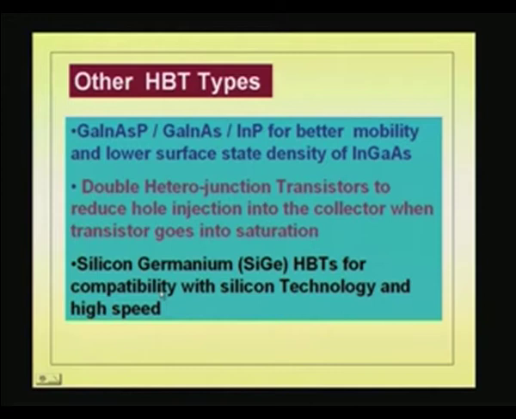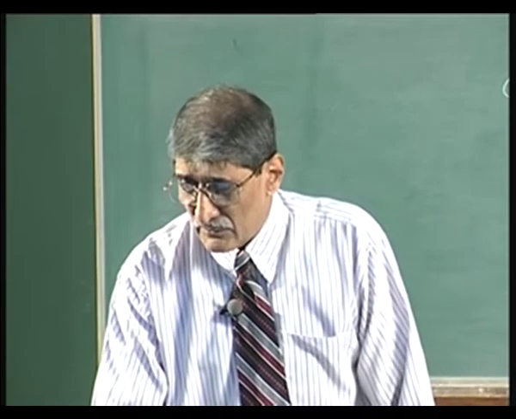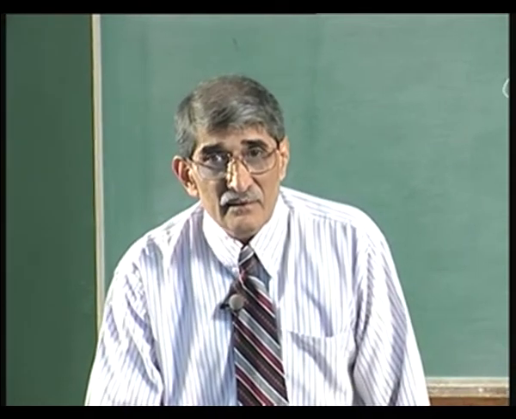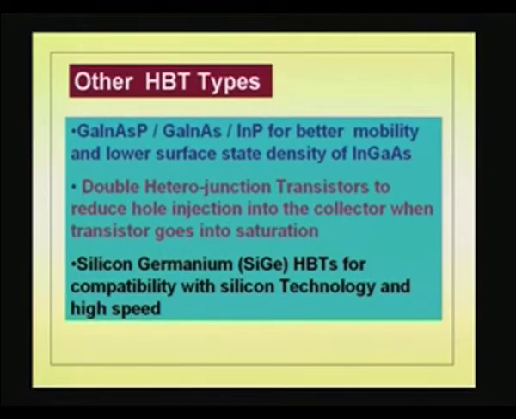The other one, which has now gained popularity over the past decade, is the silicon germanium HBT. What is the merit of silicon germanium? Evidently, you have silicon germanium in the base and silicon in the emitter, because germanium band gap is 0.7, silicon band gap is 1.1.